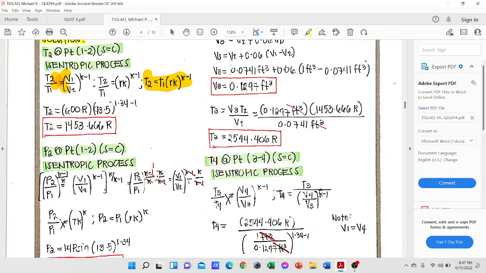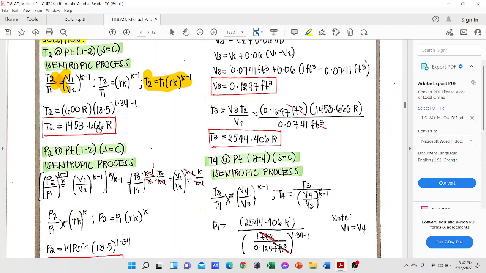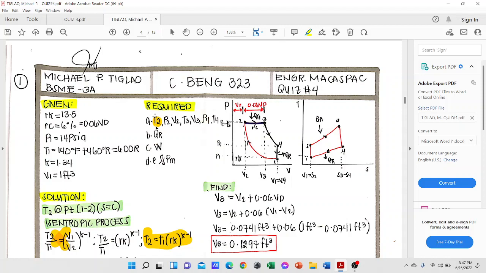Therefore, our final formula is T2 equals T1 times rk raised to k minus 1. Substituting the values, T1 is 600, multiplied by rk of 13.5 raised to 1.34 minus 1. Therefore, T2 is equal to 1,453.666 Rankine. Now I have temperature 2.